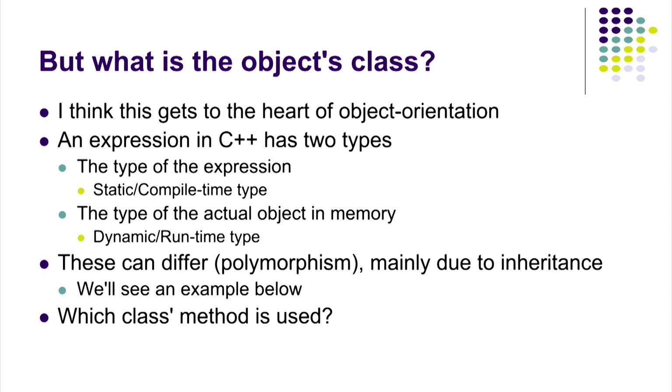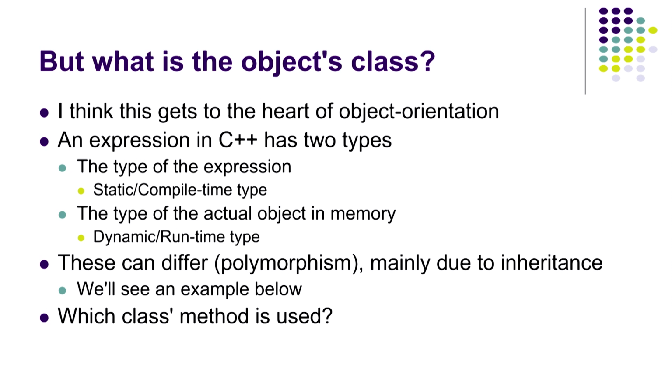The first is the type of the expression, as it's understood by the compiler as a C++ expression, and this is called the static or the compile time type, where the second type is the type of the actual object in memory. And these are not necessarily the same thing, primarily due to inheritance.